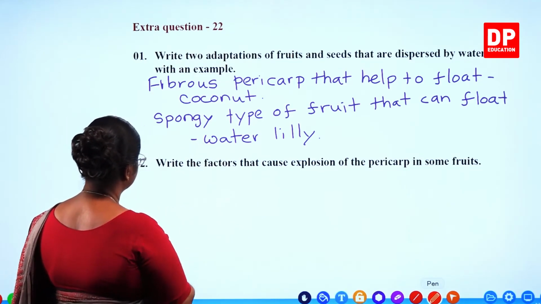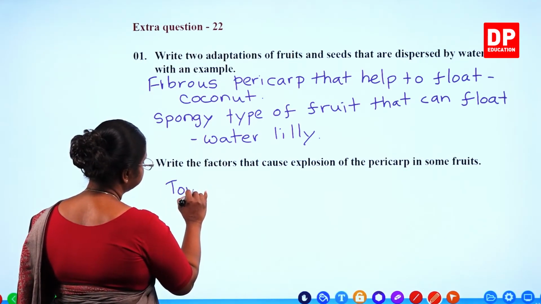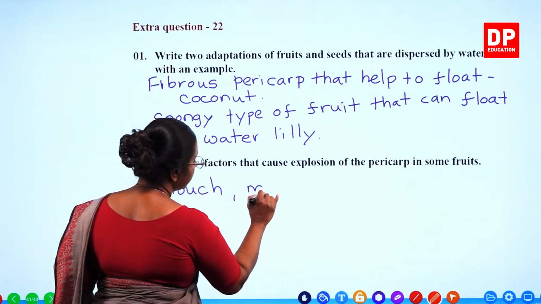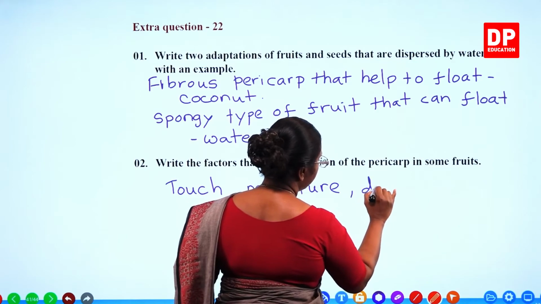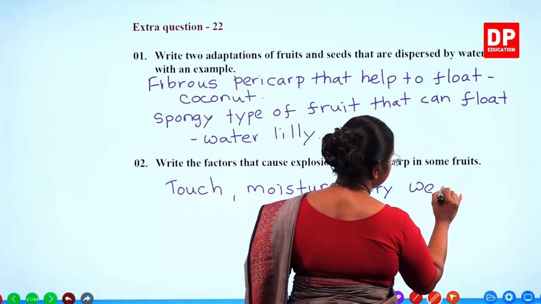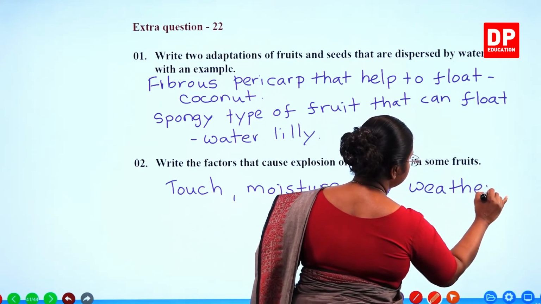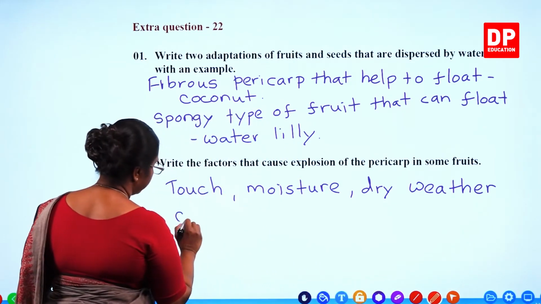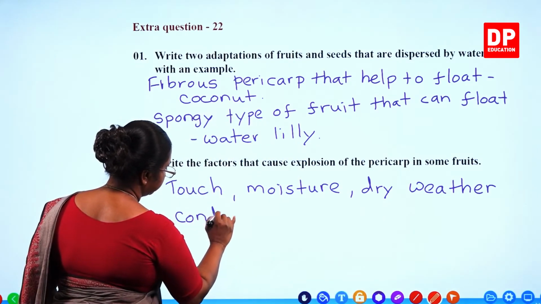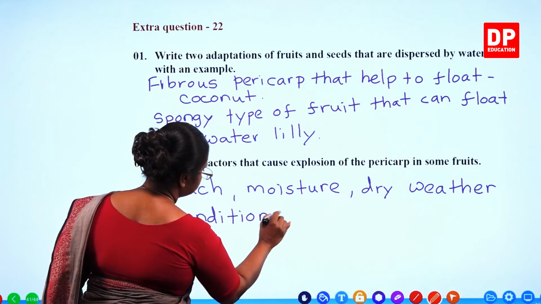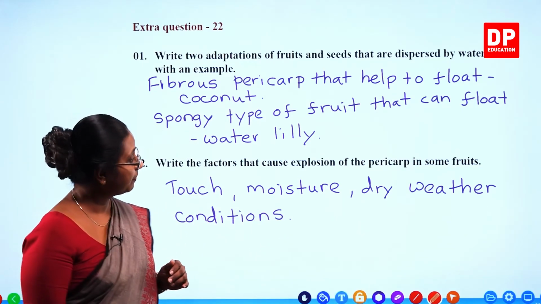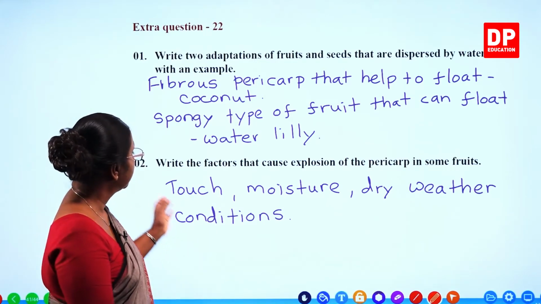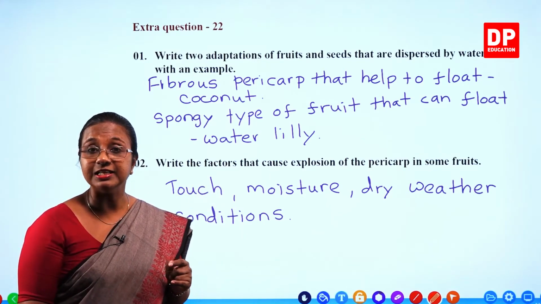So 3 factors: touch, moisture, or dry weather conditions. So write the factors that cause explosion of pericarp in some fruits: touch, moisture, and dry weather conditions.